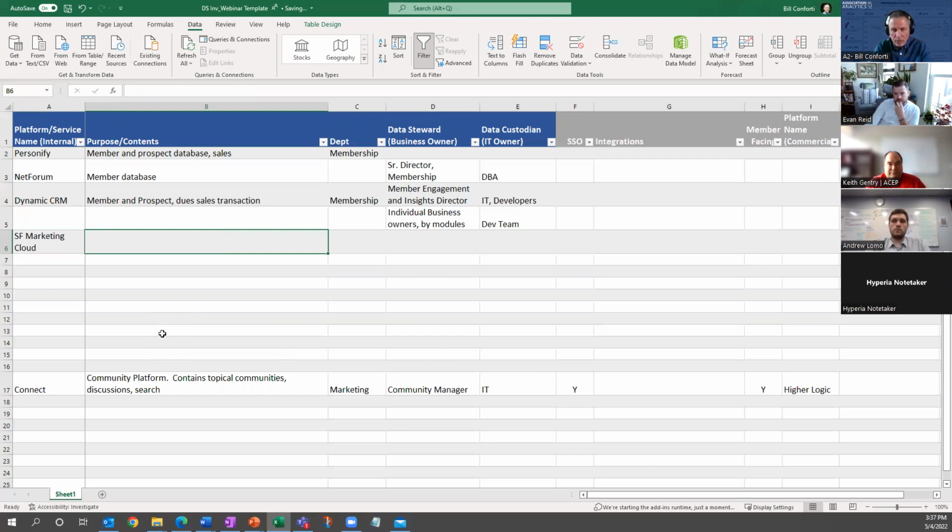Again, is it members and customers and prospects as well, or what's the scope? I think that scope pretty much covers it. For us, it's primarily members plus folks that just want to receive information from the association, so people that will join our mailing list, that kind of thing.